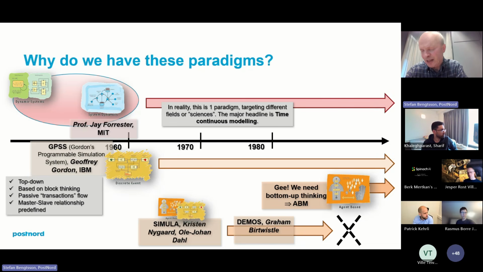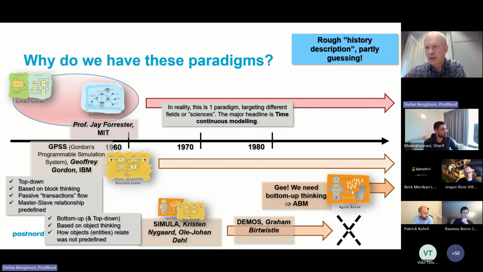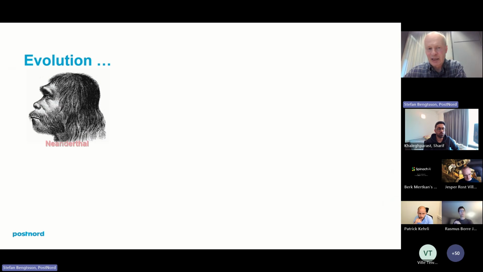But for some strange reason, it didn't succeed in the same way in the simulation community, which is a shame. Because Simula was bottom-up and top-down at the same time. It was based on object thinking, and how objects or entities relate was not predefined. You define that yourself as a modeler. This is, of course, a rough history description, partly guessing.